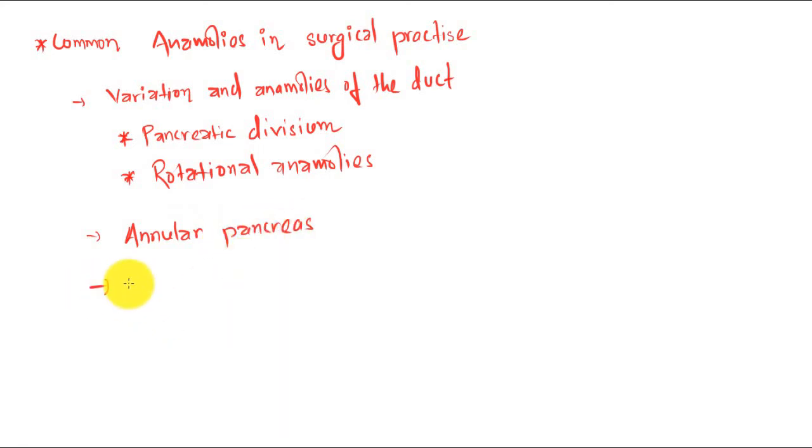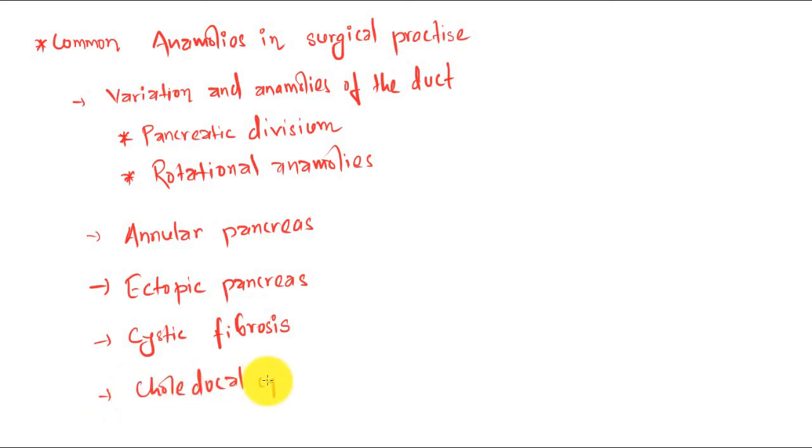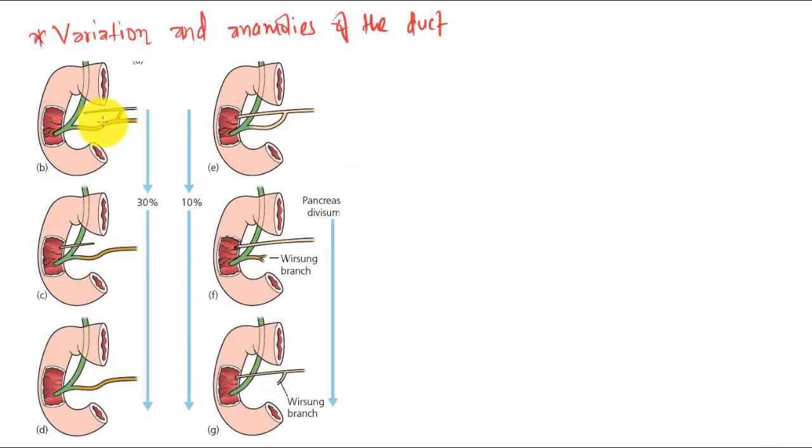Annular pancreas, ectopic pancreas, cystic fibrosis, choledochal cyst are the examples. So let's discuss the variation and anomalies of the duct.